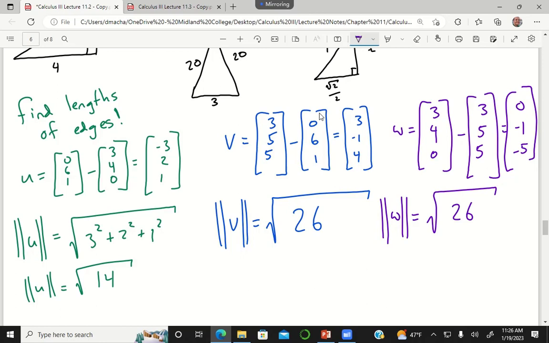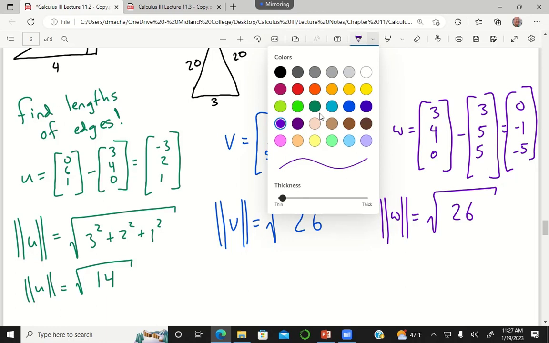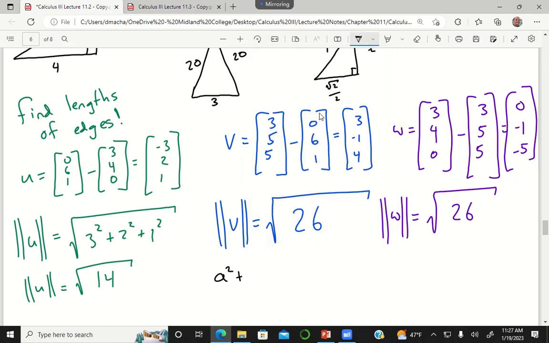The way that we would check to see if this is a right triangle is by using the Pythagorean theorem, right? So if this were a right triangle, it would have to satisfy a squared plus b squared equals c squared, where c squared is my hypotenuse. Now you guys probably realize this, but the hypotenuse has to be the largest or longest side of your triangle, right? Hypotenuse is always the longest side.